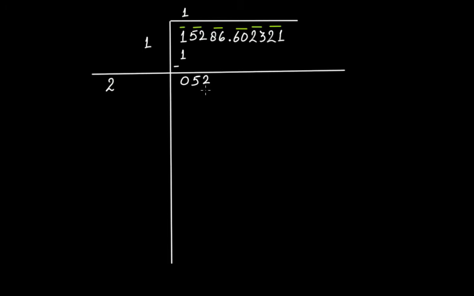Now you have 52 here, you put a blank space here. What digit should we place here such that we get a new number, which when multiplied with the same digit that we place here, gives a number that is either equal to this one, 52, or less than this one? So if you put 2 here, you get 44, right?